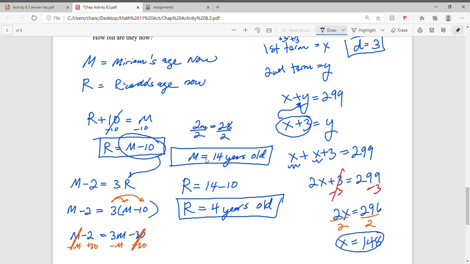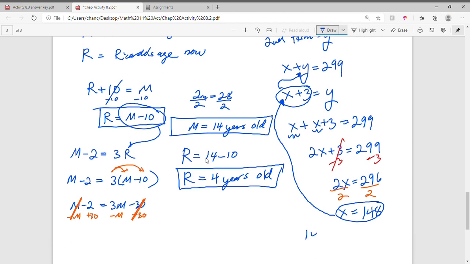So x is 148, but we also have to solve for y. To solve for y, I can plug 148 into our second equation here for the x. So x plus 3 is equal to y, and that means 148 plus 3 is equal to y. So y is equal to 151. So our two numbers are 148 and 151.